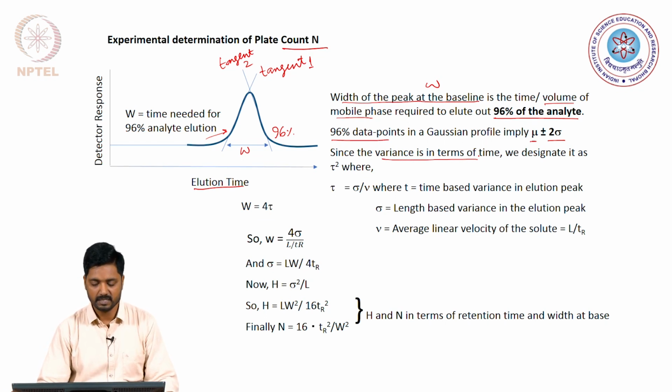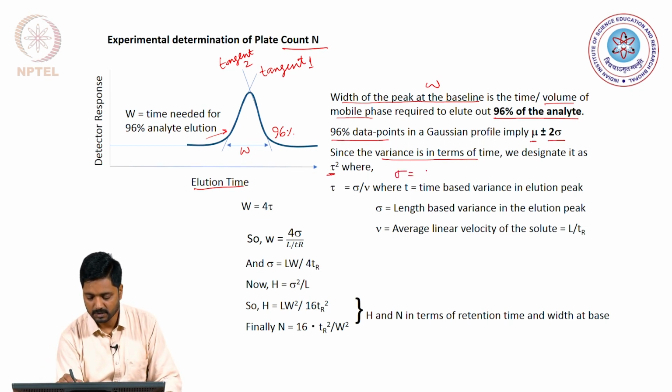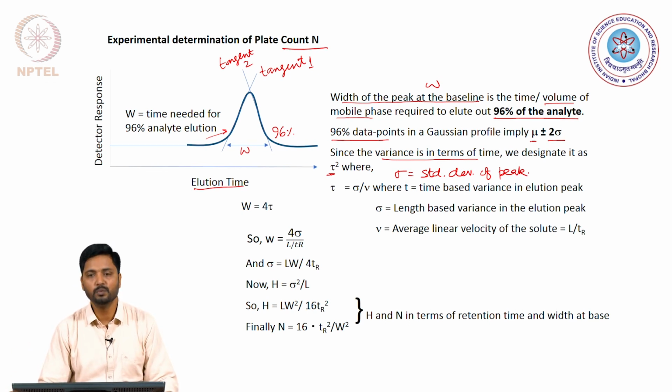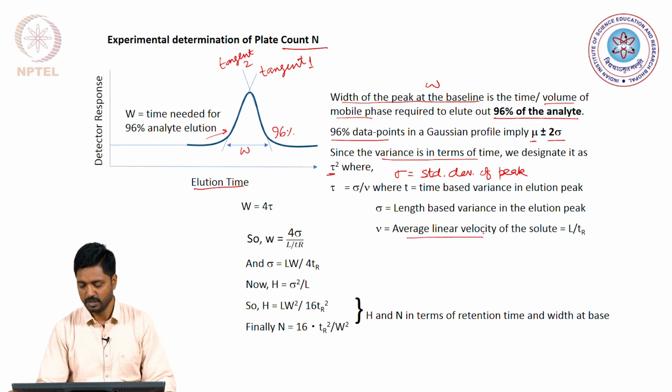We designate it as tau square, and tau is given as sigma by V, where sigma of course is the standard deviation of this peak, and V is, as we had discussed earlier, the average linear velocity of the solute, and the average linear velocity of the solute we have already seen can be described as the length of the column divided by the retention time of the particular solute.